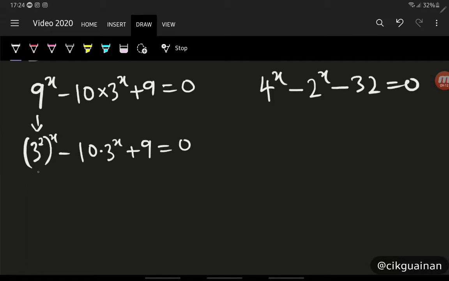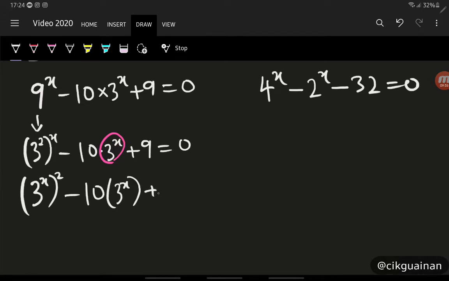As I said just now, we want 3^x. Here 3^x is nice already. This one is not yet 3^x, it is 3 squared. So what we do, we swap the place of 2 and x. 2 we bring outside, x we bring inside. So (3^x) squared minus 10, put a bracket here, (3^x) plus 9 equals 0.